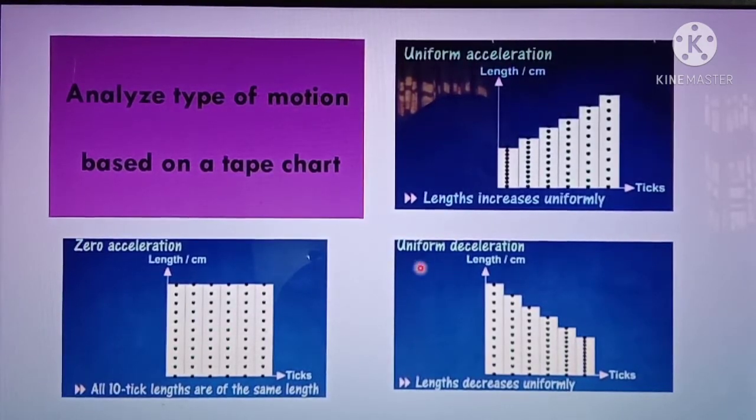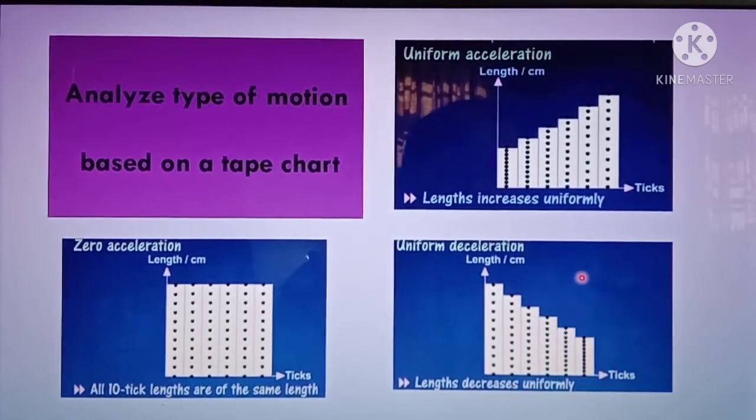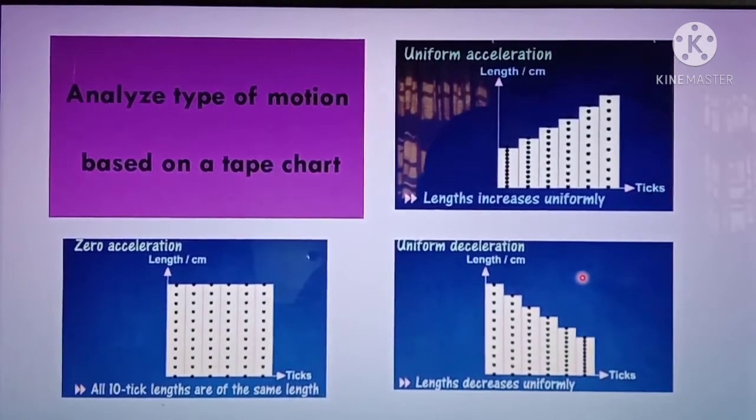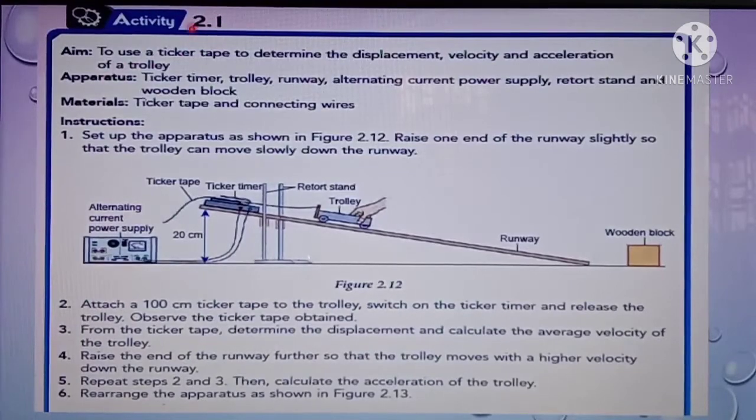And the third one here, you can see the length of the strip decreases uniformly, meaning the distance between 2 dots decreases. So velocity decreases, we call it uniform deceleration. So based on the ticker tape or tape chart, we can also determine the type of motion.